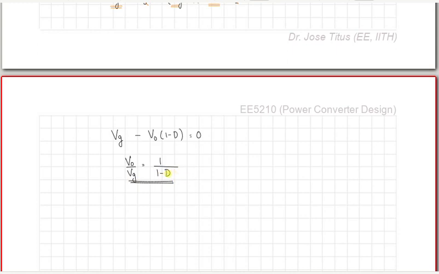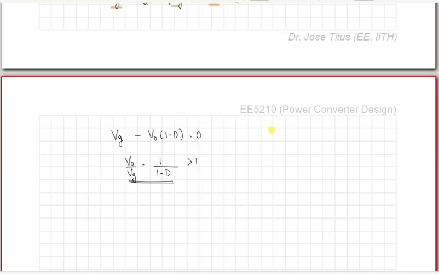And 1 minus d is a value which is always going to be less than 1, because the maximum value of d is 1, and therefore you will find that this value is always going to be greater than 1, and that is your boost operation. You always get an output voltage greater than unity.